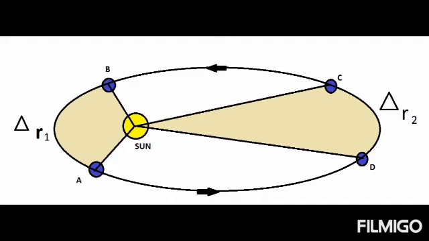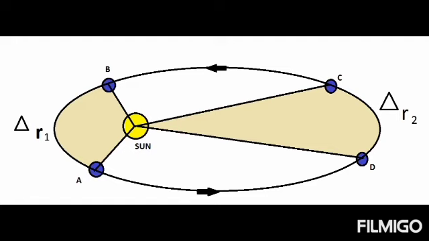Now let us understand what exactly Kepler's second law is stating. It is stating that when the planet is moving from A to B, it is sweeping an area which is shaded on the left side of the figure. The planet does this in time interval t, and in the same time interval t, if the planet moves from position C to position D, it will again sweep an area which is shaded on the right side of the diagram.